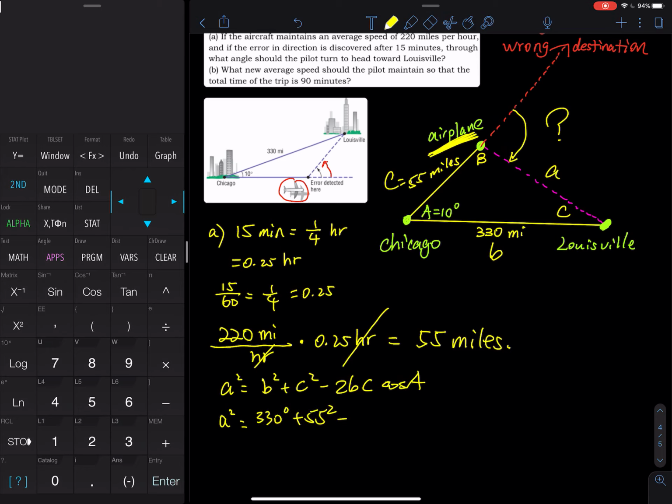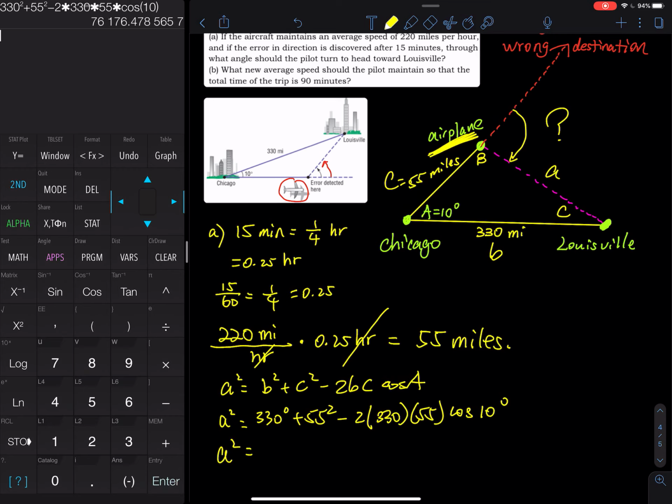And then minus 2 times 330, and then times 55, and then cosine 10 degrees. So this one you have 330 squared plus 55 squared, and then minus 2 times 330 times 55 times cosine 10 degrees.